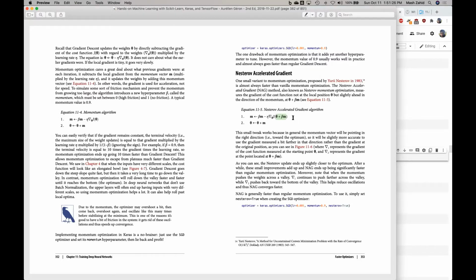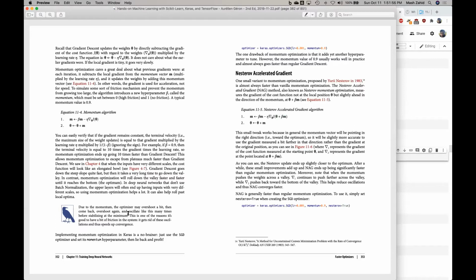Theta is getting an update that consists of theta plus beta m plus the normal update. That's what they're doing in Nesterov. Instead of evaluating the loss function at theta, evaluate it at theta plus beta m, which, as was pointed out, is really the next step, really where it's going. I don't know if that made any sense.